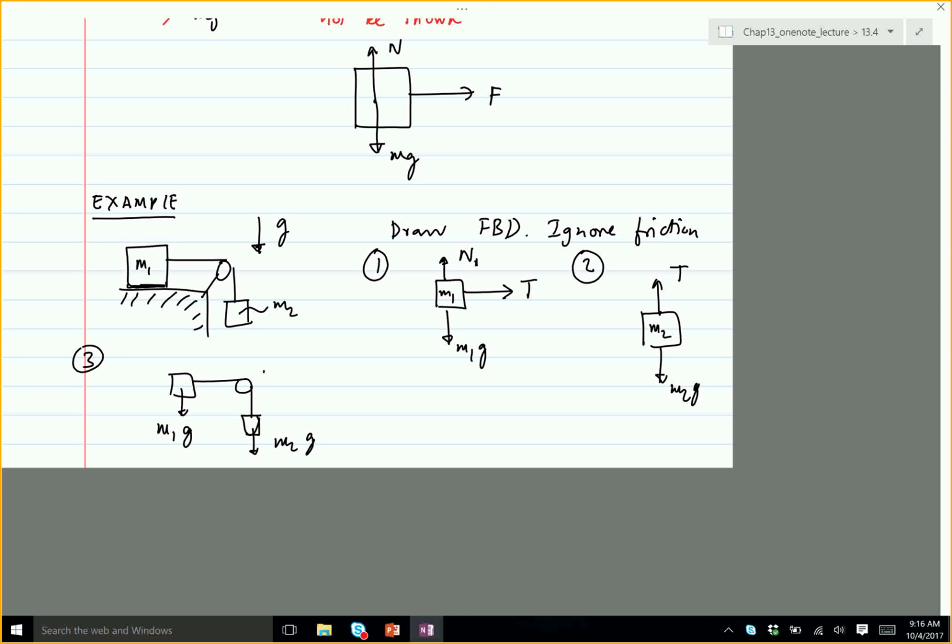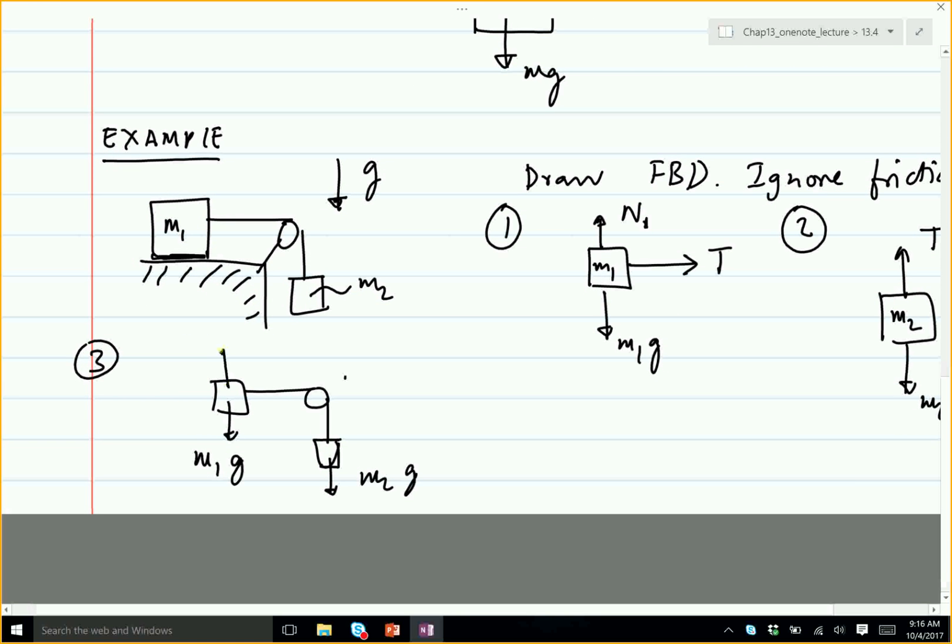The tension force will not appear in the free body diagram. In the first two free body diagrams, I cut the string. So when I cut the string, I need to replace the effect of the rest of the string with the tension, because the tension is changing. Here I've not cut the string. It's intact. That means that tension force should not be shown.